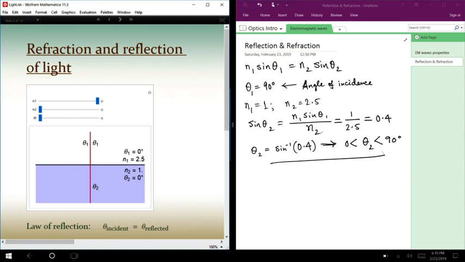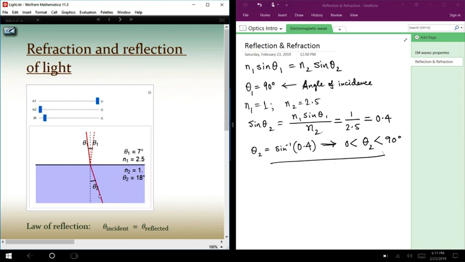But for any other value of theta, you'll see that there's a dramatic difference in the situation. So let's increase theta 1 here. If I increase theta 1, you see that initially there is a refracted ray over here, right? As expected, because light is now going from a denser to a rarer medium, the ray of light is moving away from the normal, right?